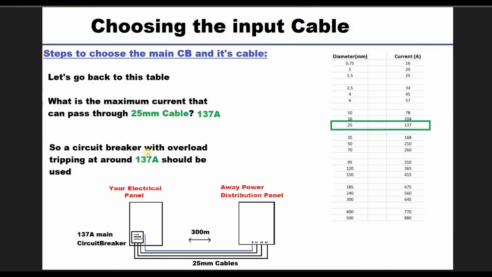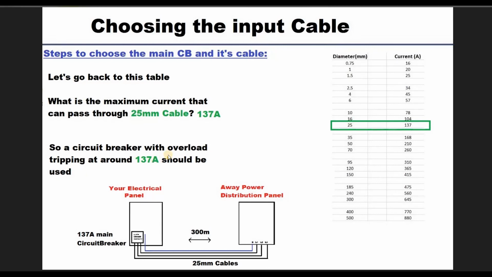So we should choose a circuit breaker with a 137 amps tripping characteristic. It should trip at this current. Whenever this current is exceeded, we need to trip the circuit breaker immediately, within a few seconds or a few 10 seconds, before the cables get too heated up.